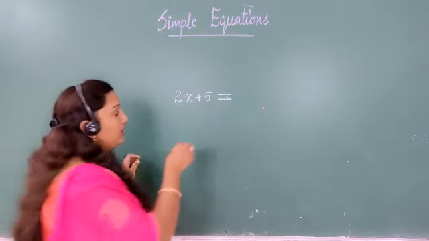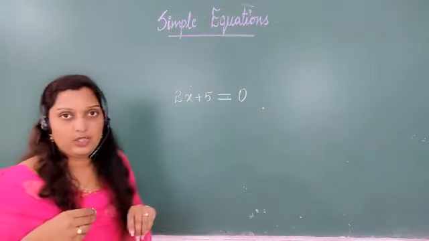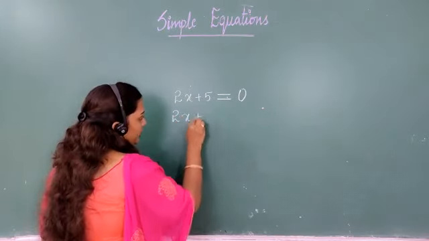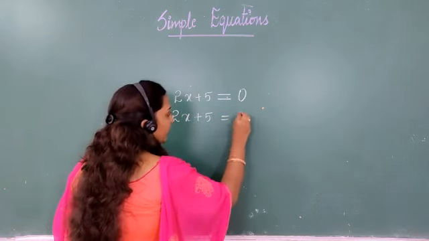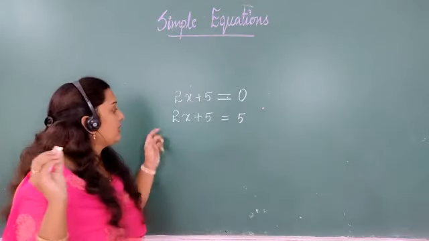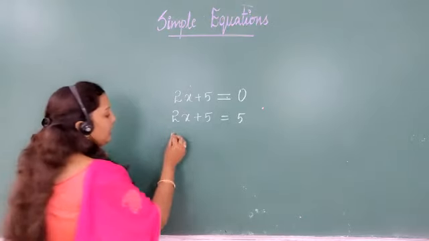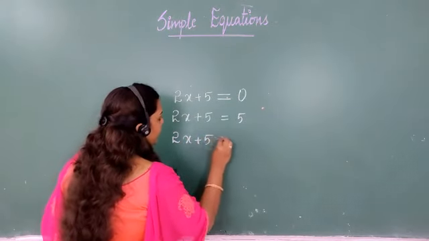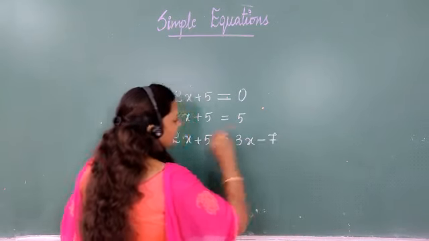equated, meaning an equality symbol should be there, to any other expression or a number or 0. I can write 0 here, and this is also an equation. Or I can write another number: 2x plus 5 is equal to 5, any number for that matter. Or I can write one more expression: 2x plus 5 is equal to 3x minus 7.